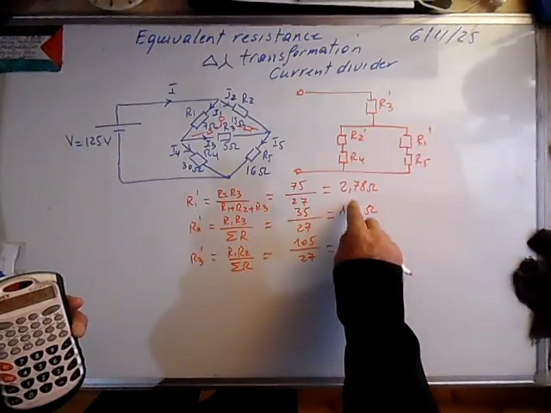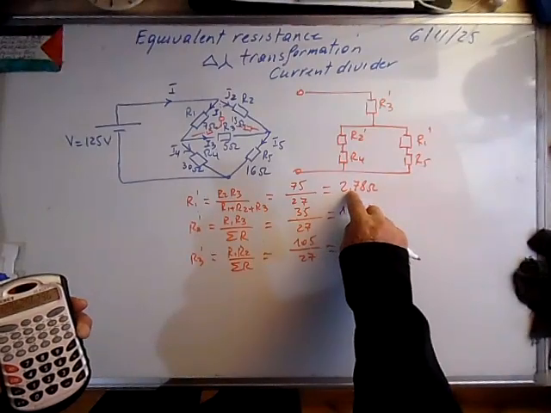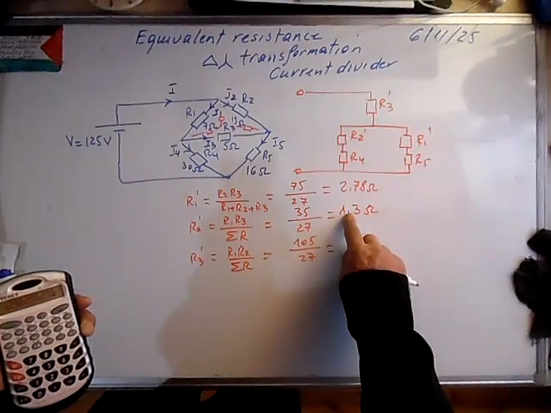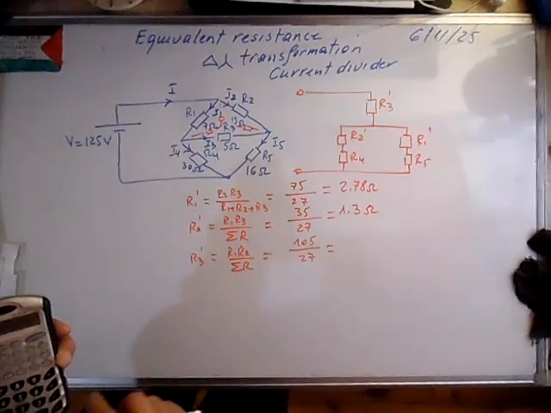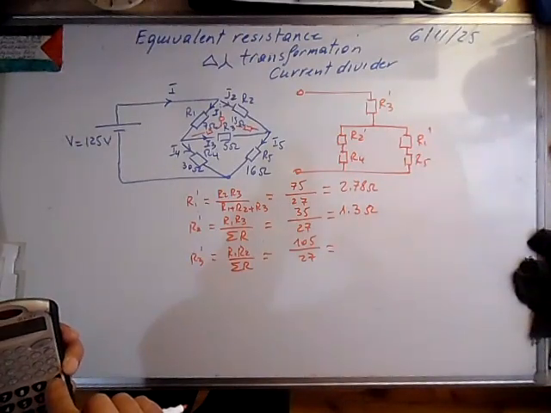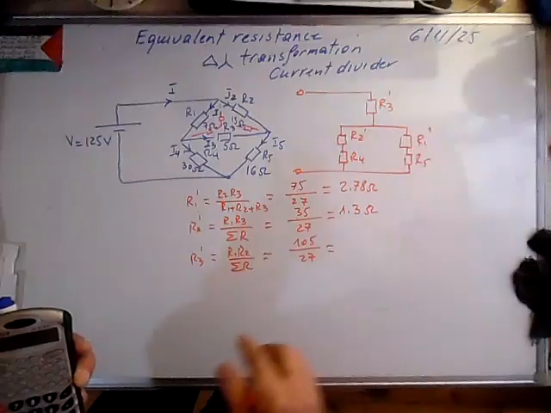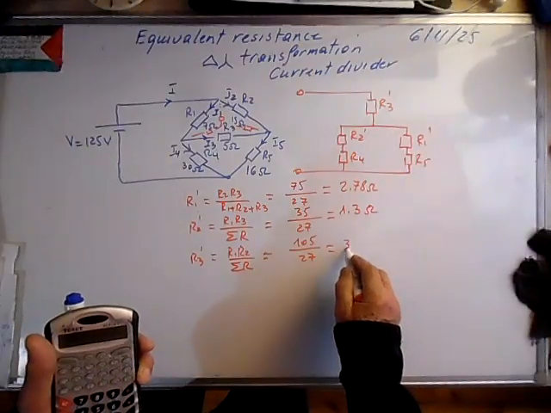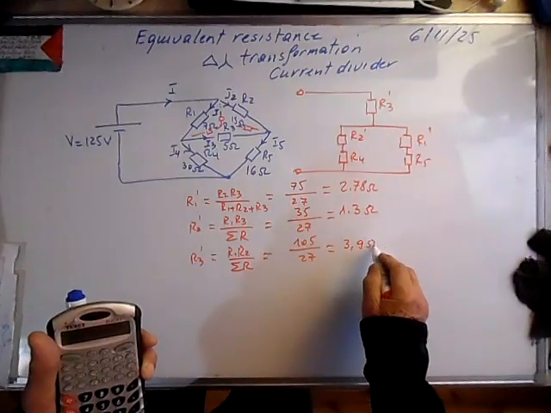Use the decimal point, the American way. And 105 divided by 27 will give us 3.9 ohms.